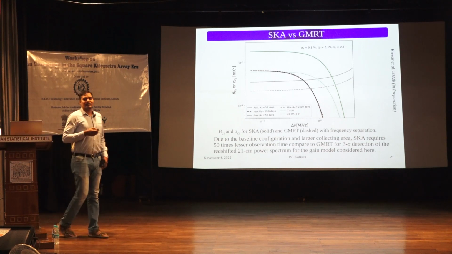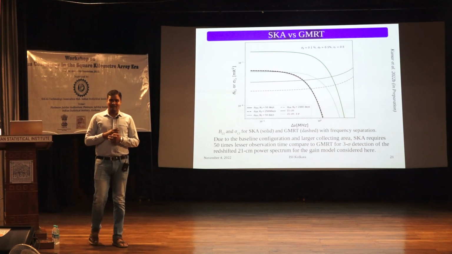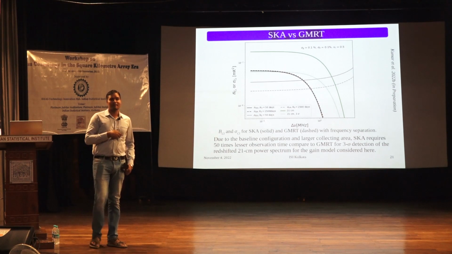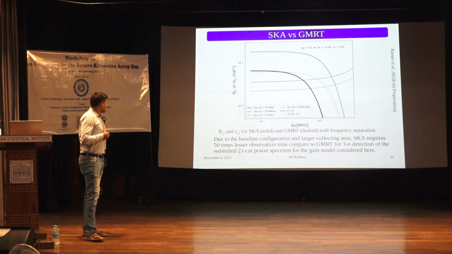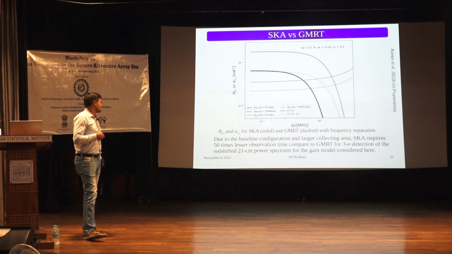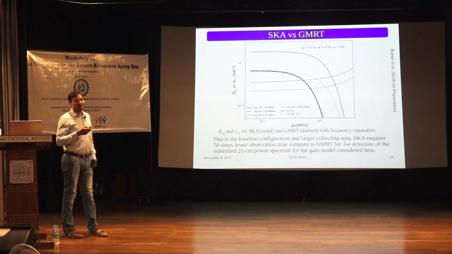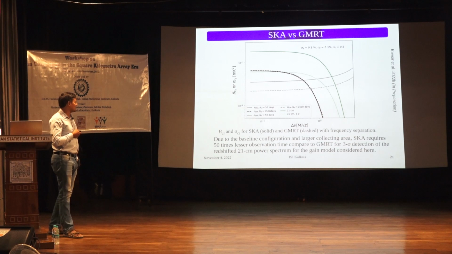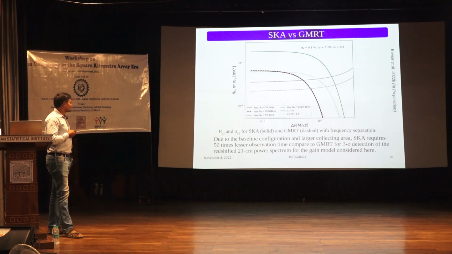Again, just to compare the performance of SKA1 low and GMRT, we estimated this bias and variance for GMRT with their optimum observational parameters, and for different days of observations. These green lines are the EoR 21 cm power spectrum model taken from Bharadwaj et al. 2005, and this is the 3 sigma level.